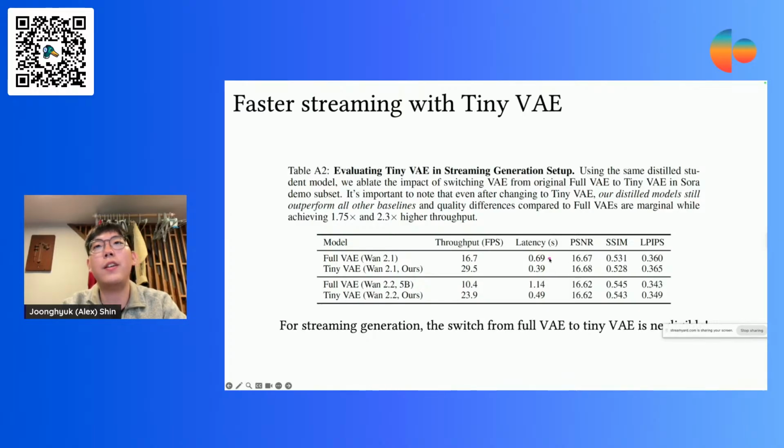As you can see, latency gets almost halved and throughput gets almost doubled, but the PSNR, LPIPS, and SSIM all look similar. It's the same for 1.2.2 baselines. Speed gets more than doubled here, but the performance remains very consistent.